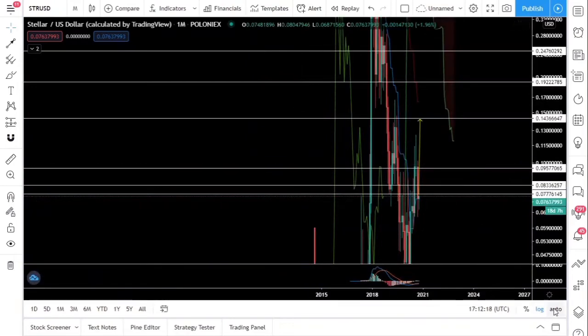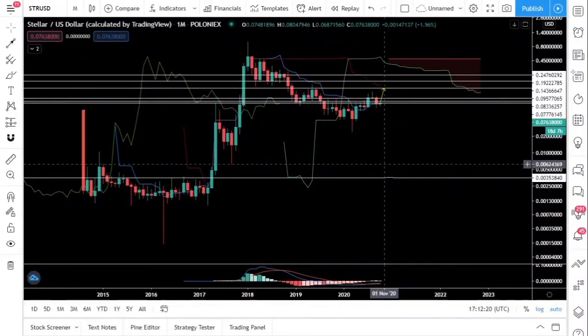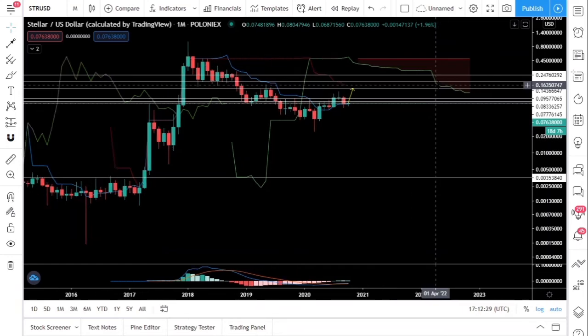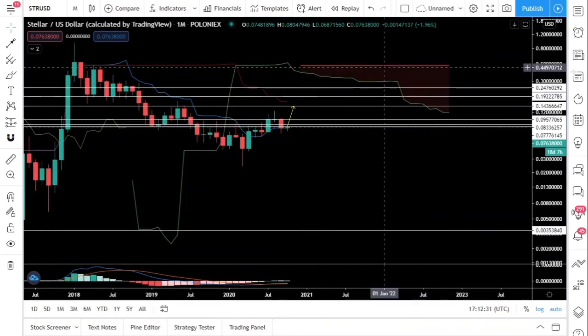Let's go to the monthly again and see what would be the final targets for Stellar Lumens. You can see that once we are able to cross 16 and 24 cents, the next major target is at around 50 cents, and that is where you should start selling your Stellar Lumens if you are a long-term holder like me.